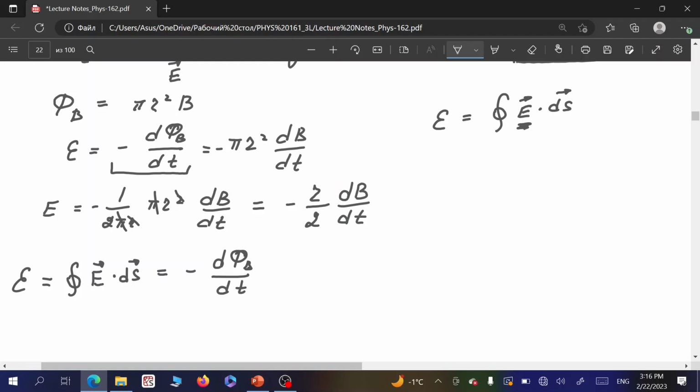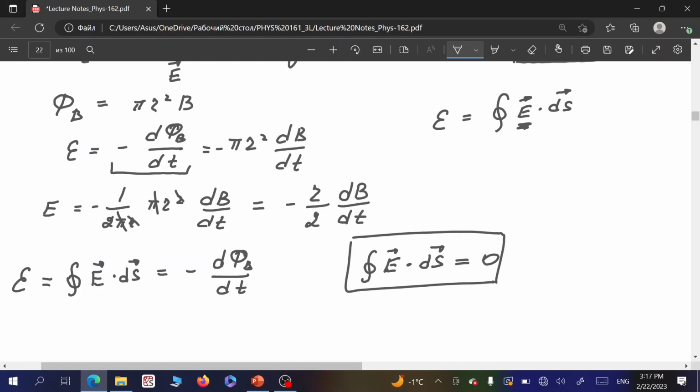This is the sign that the induced electric field is not a conservative field. If you recall our previous discussions, for the electrostatic field, which is conservative, the line integral over a closed loop of the E vector scalar product ds vector was equal to 0.